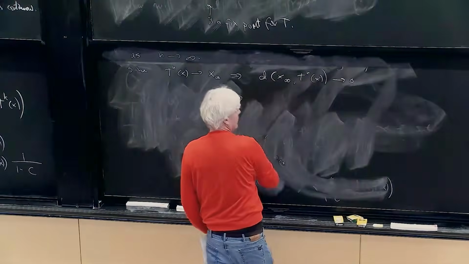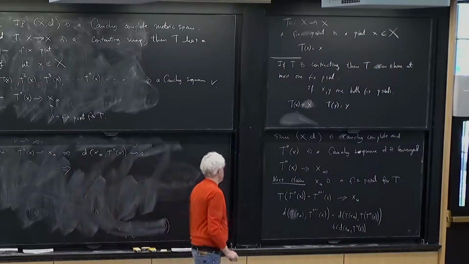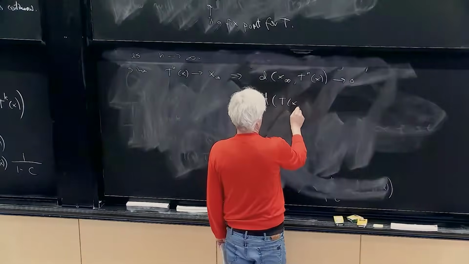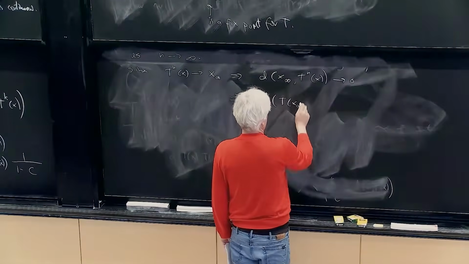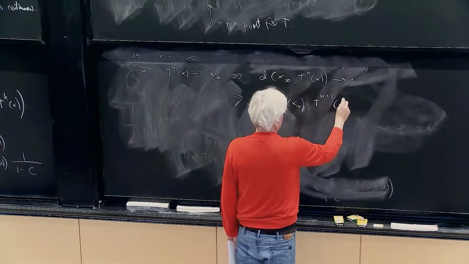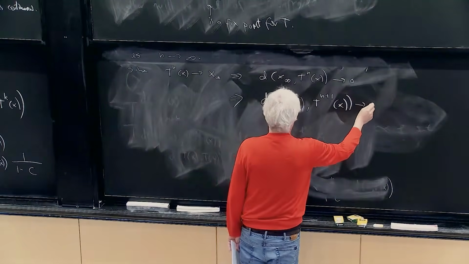And then by this inequality, it means that the distance between T of x infinity and T^(n+1) of x goes to 0, right?